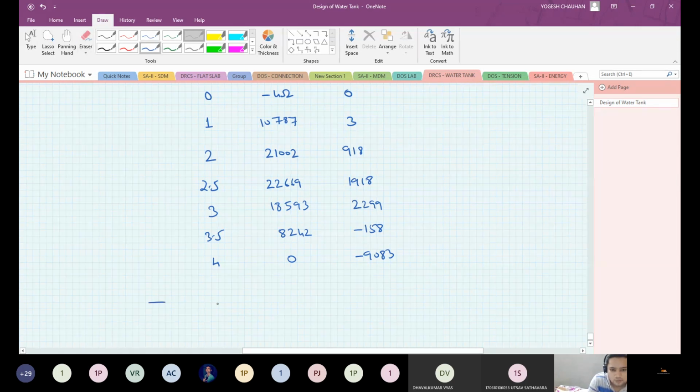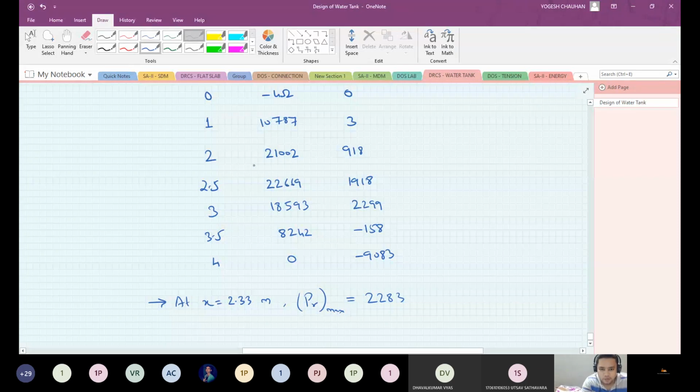at x equals to 2.33 meter, your PR is maximum. You also have to find the maximum value of radial pressure. You can see the value is in between 2 and 2.5 because the maximum value will be in between 2 and 2.5.